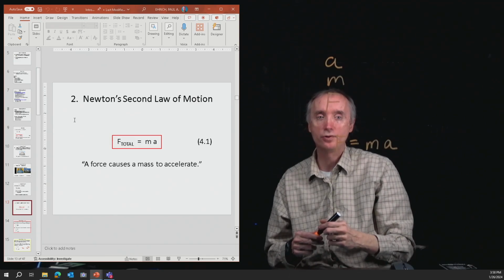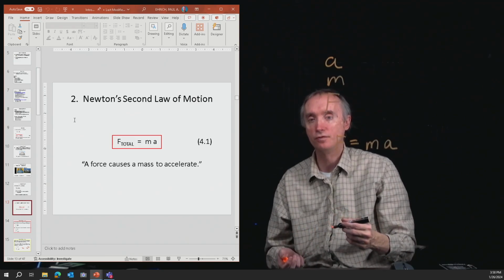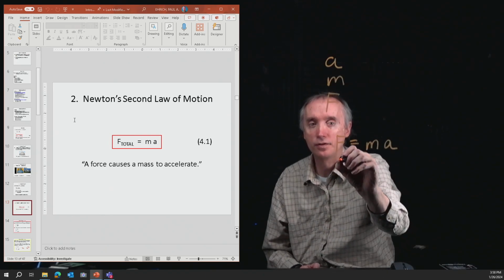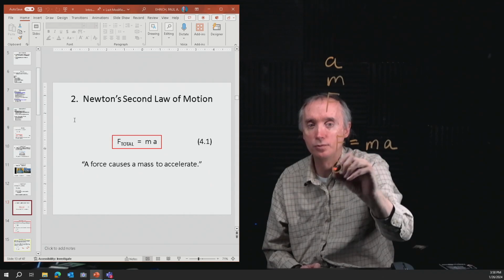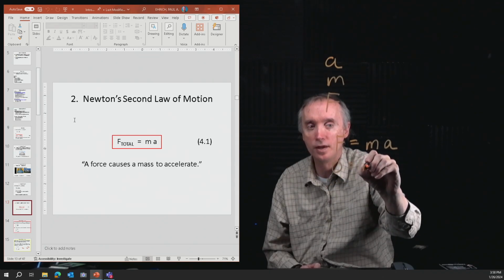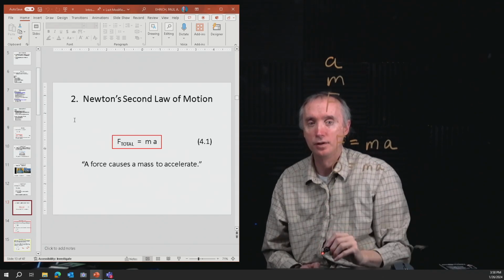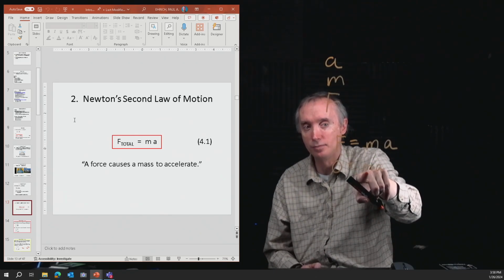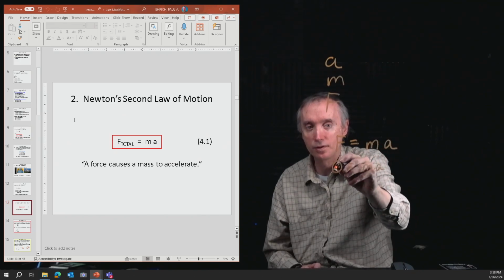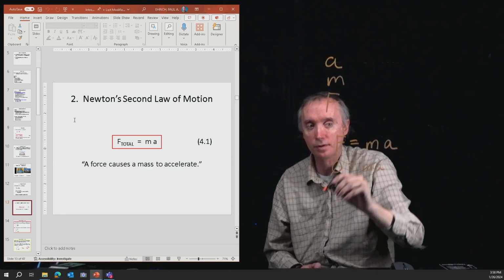So I wanted you to notice what happens if there's no force. If there is no force acting on the system, then F would be equal to 0, and then you would have 0 = ma. Okay, and then notice that you could divide both sides by m. And so 0 divided by m is going to be 0.